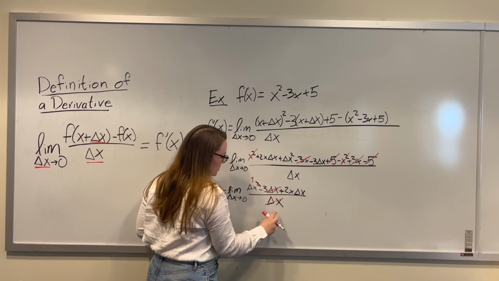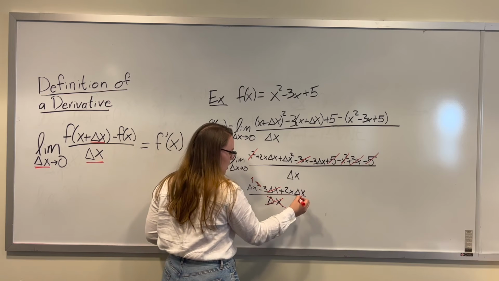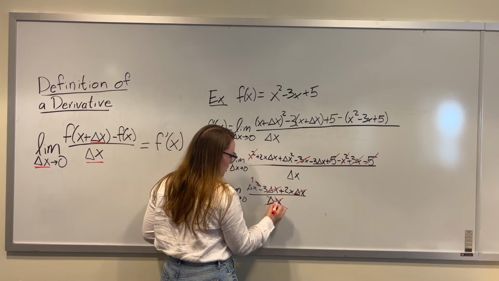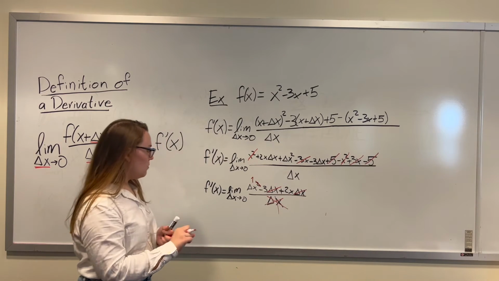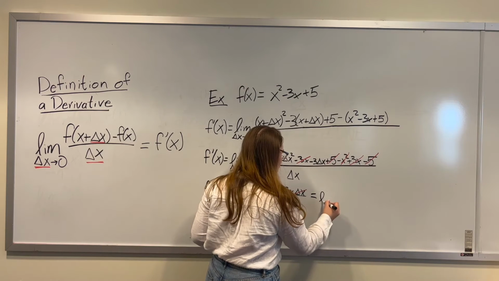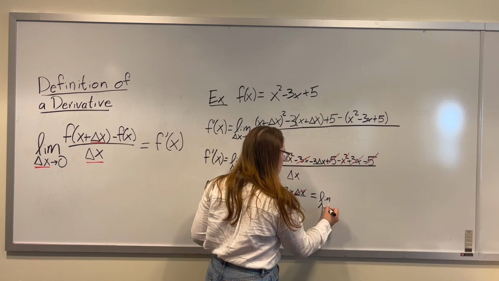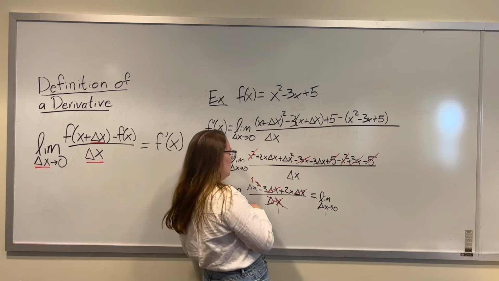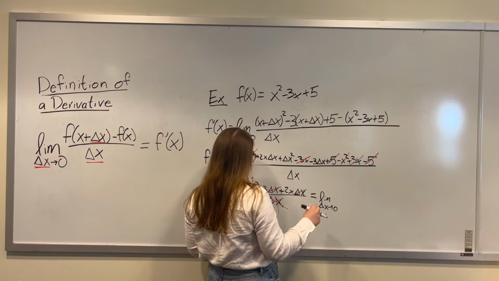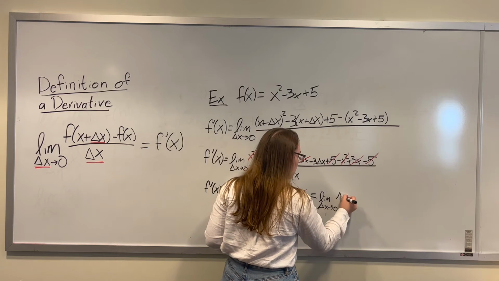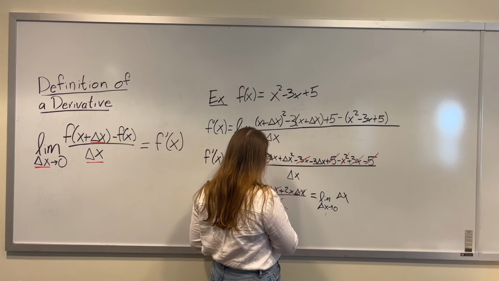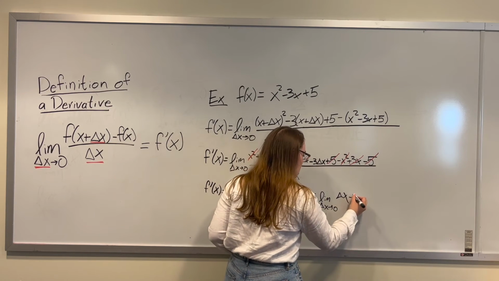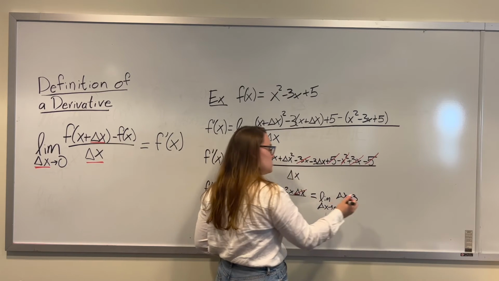This delta x is going to cancel with this. And then this delta x is also going to cancel with that. So we are left with the limit as delta x goes to 0 of, we have 1 delta x minus 3 plus 2x.